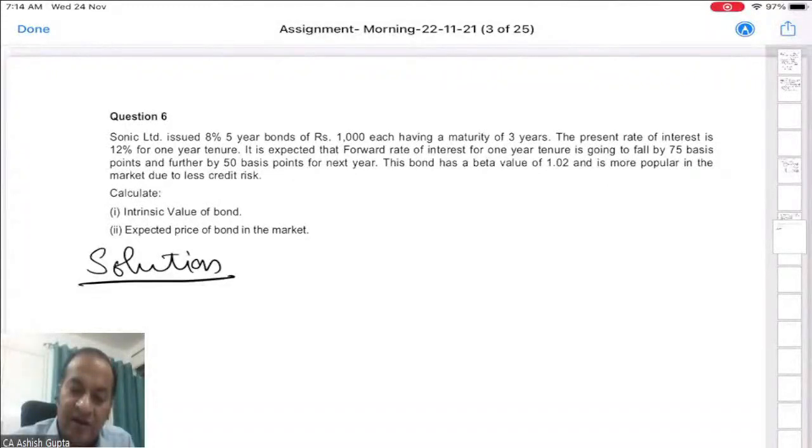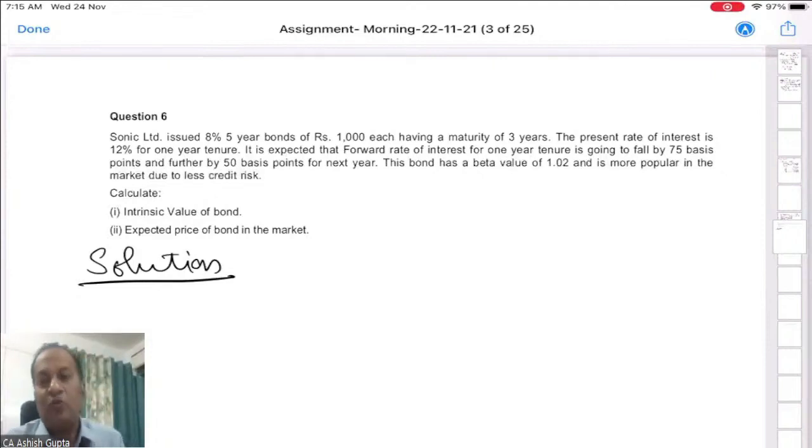It is expected that the forward rate of interest for 1 year tenure is going to fall by 75 basis points and further 50 basis points for the next years. This bond has a beta value of 1.02 and is more popular in the market due to less credit risk. Now we have to calculate the intrinsic value of the bond and the expected price of the bond in the market.